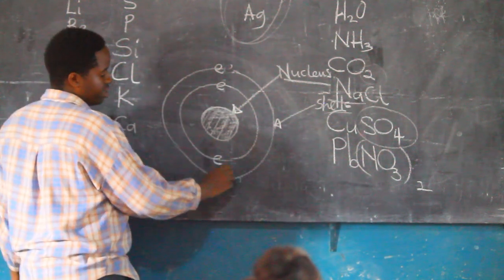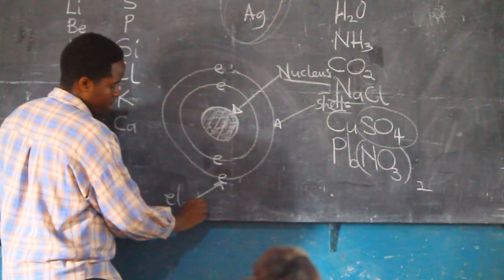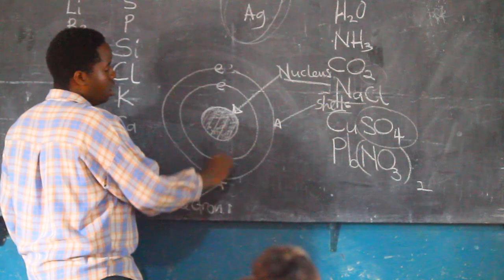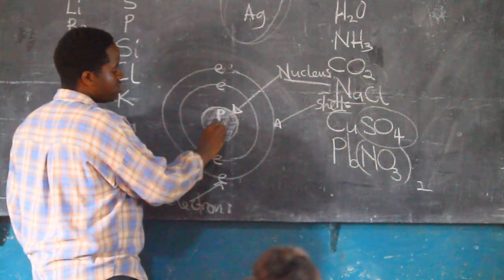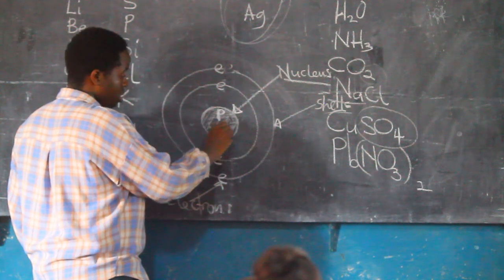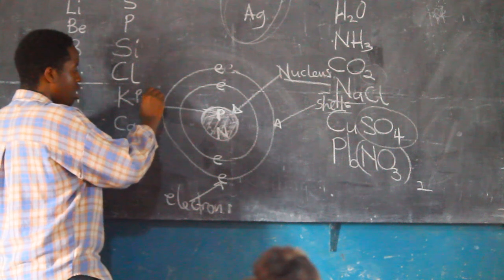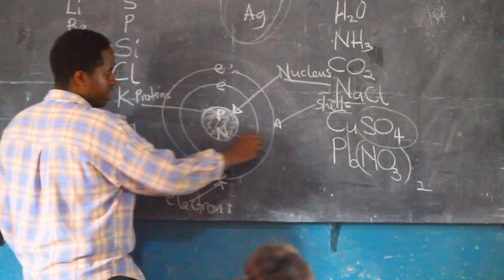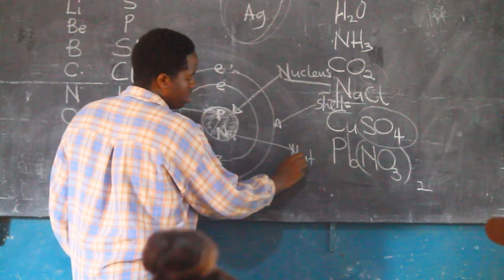So this E is going to be representing our electrons. In the nucleus, we have particles known as protons and neutrons.